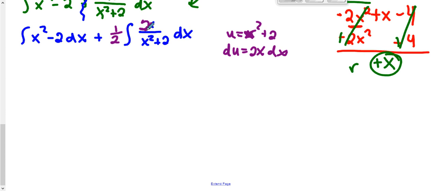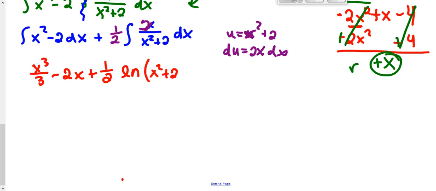There we go. So when we integrate this, integrating x squared is the power rule, x cubed over 3. Just a number will be 2x, plus 1/2. This will be ln of what's on the bottom. Oh, absolute value.